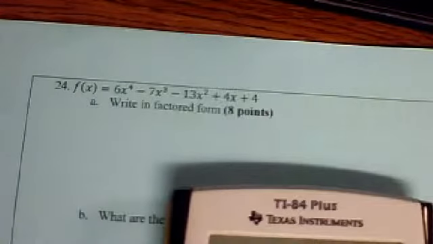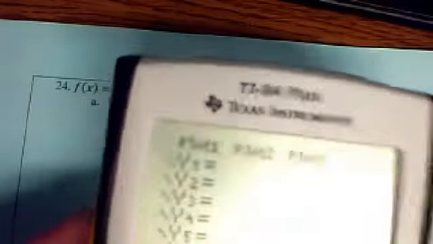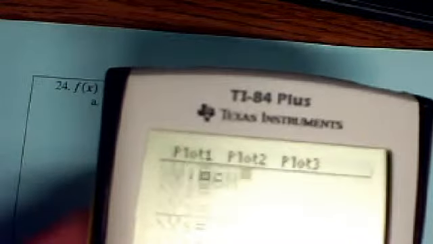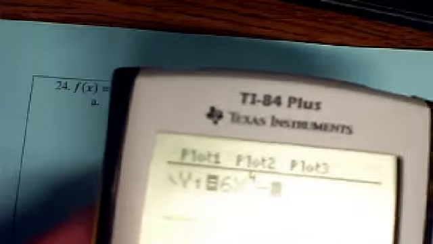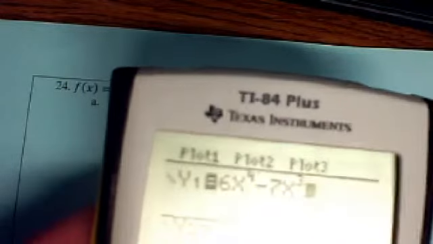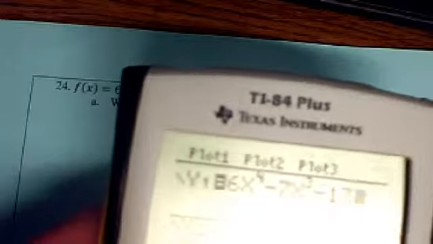Very last one. I actually expected you to do a little bit of trickery on this one. If you worked backwards on this one, you could find some of your roots using the calculator. 6x to the 4th minus 7x cubed minus 13x squared plus 4x plus 4.